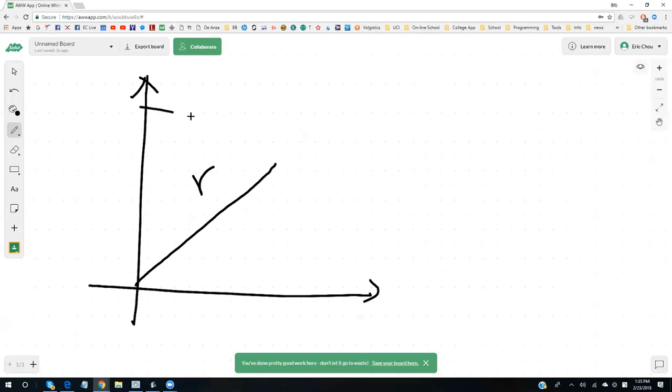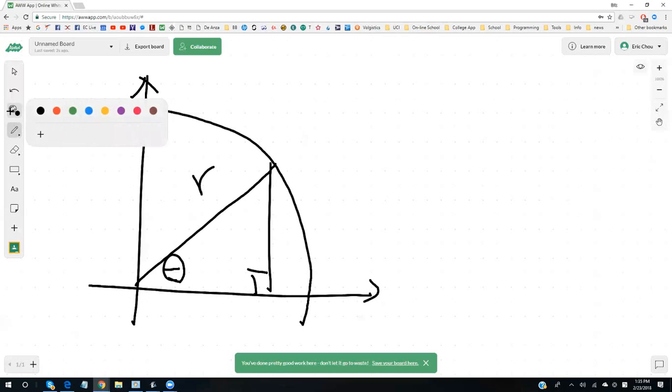And then here is a circle, right? And then this guy is over here. Here is a theta. We have the cosine, that's green over here, that's cosine theta times r.